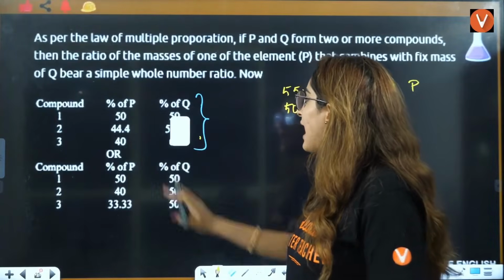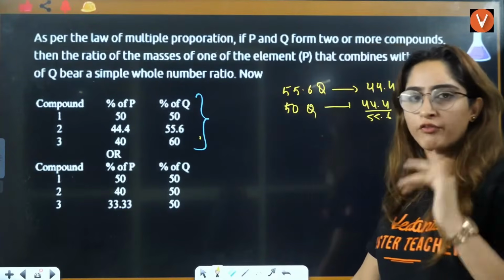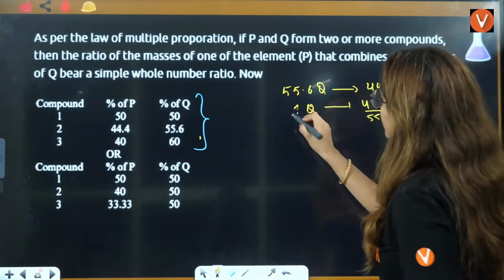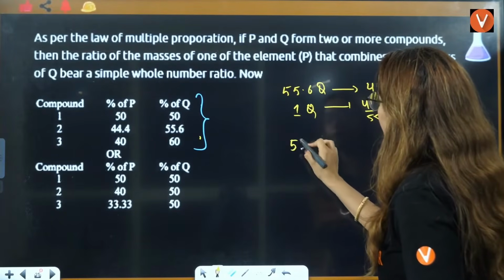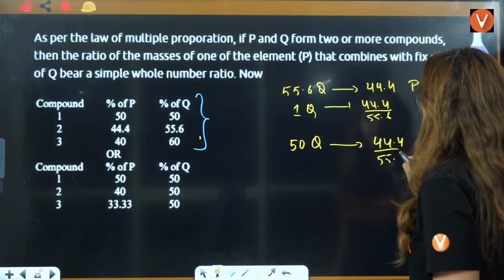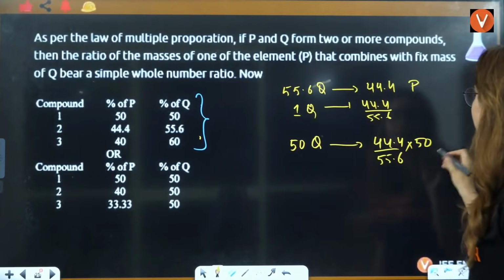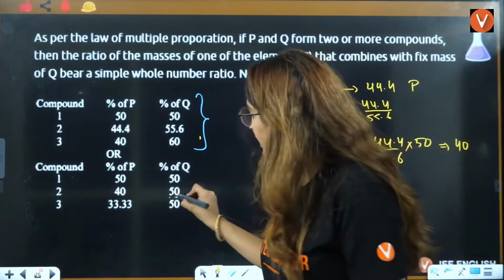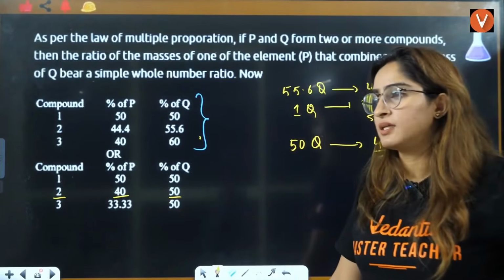So if the percentage of Q is 55.6, then the percentage of P is 44.4. For 1, I'll just write 1 only, otherwise you will get confused. For 50% of Q, it will be 44.4 divided by 55.6 multiplied by 50, right? And when you solve this, the answer will come out to be 40. That means if Q is 50 here in the second compound, then P will be 40, right?